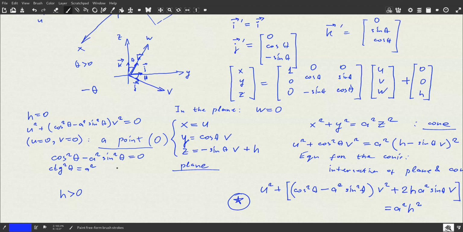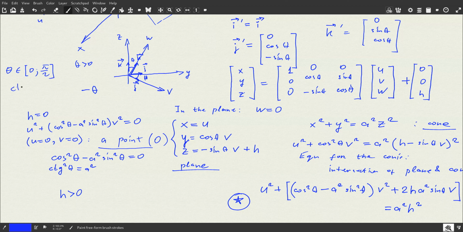We can say that, for example, theta is in between 0 and pi over 2. So 0 means a purely horizontal plane, pi over 2 means a vertical cross-section plane, in which case cotangent of theta can be absolutely any.